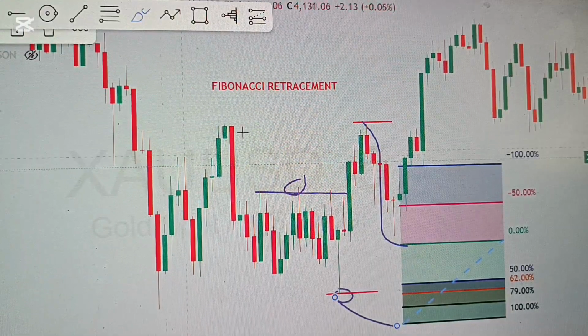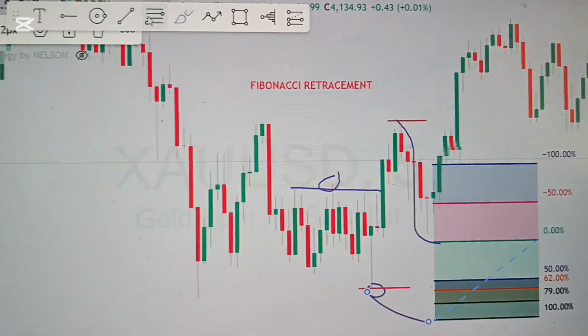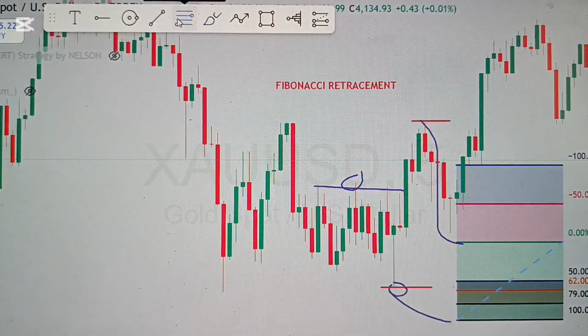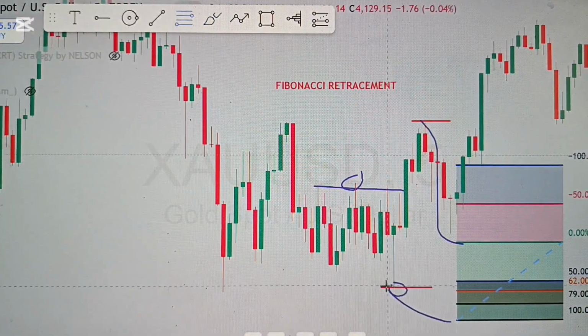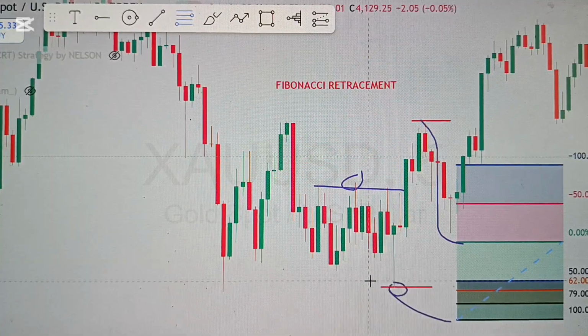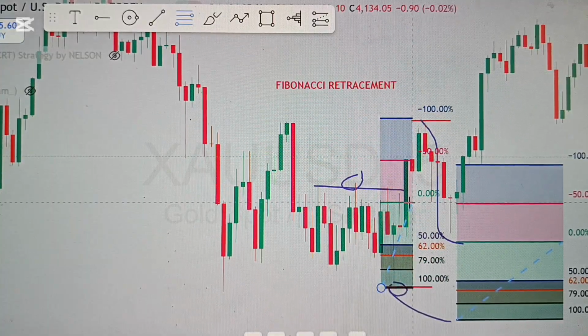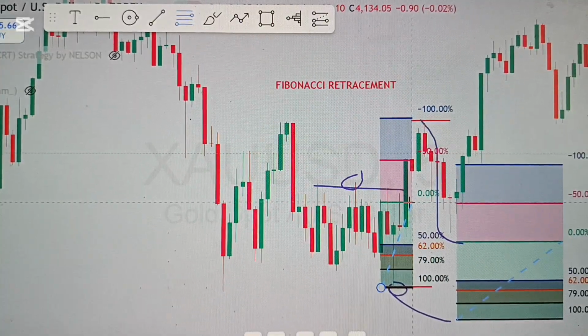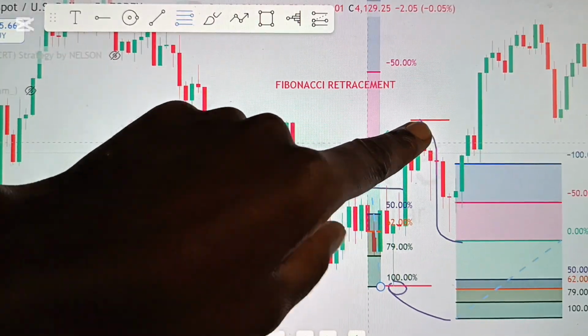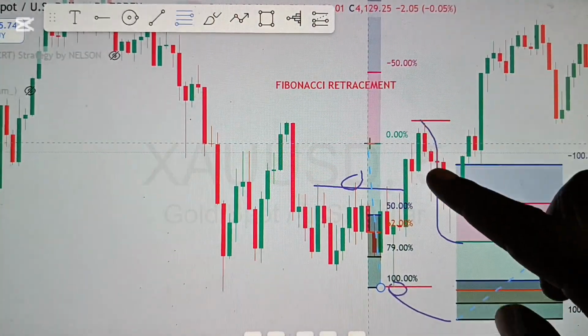So let us bring our Fibonacci retracement. Let us now click this point where the price was, and where the price got to. Remember that it's this point before the price reverses back.